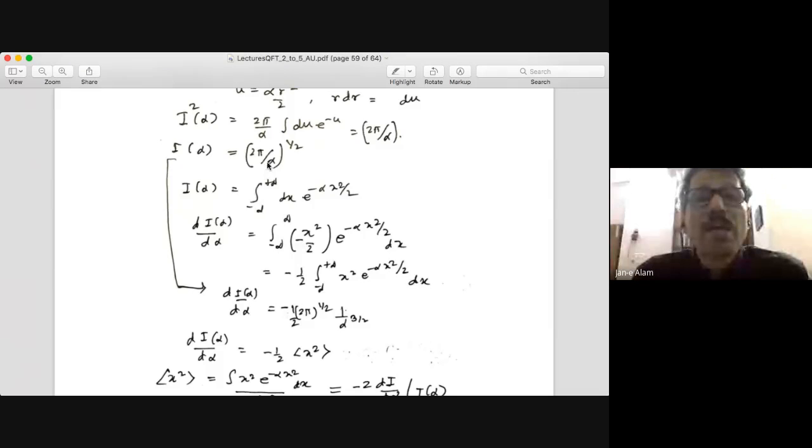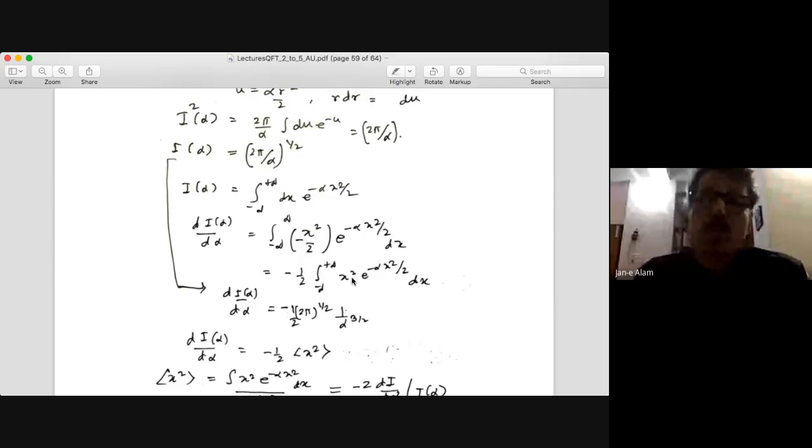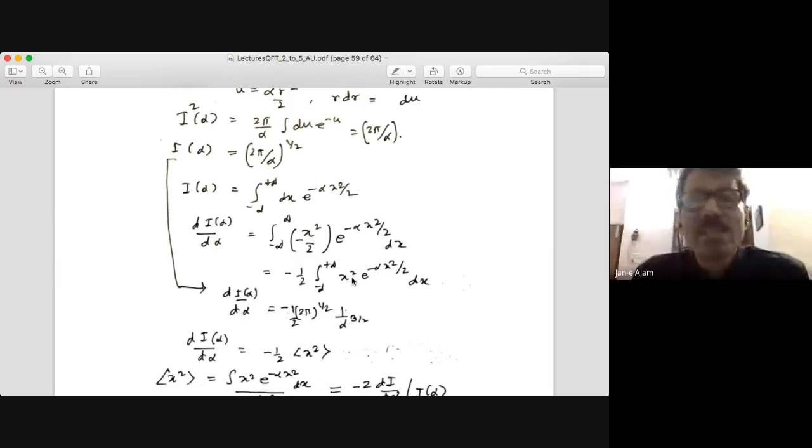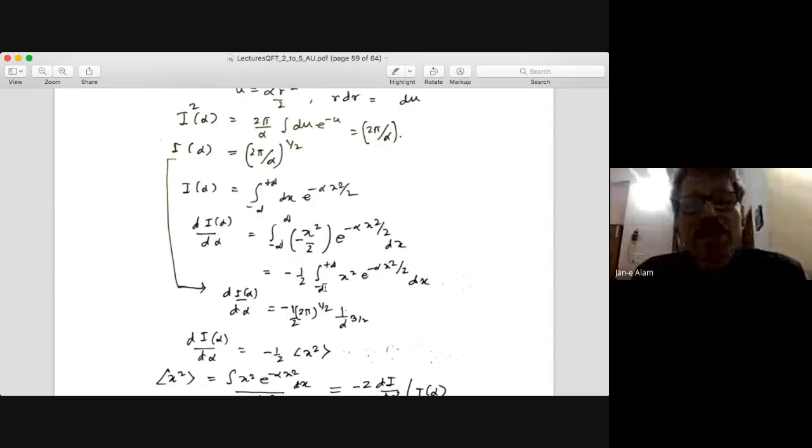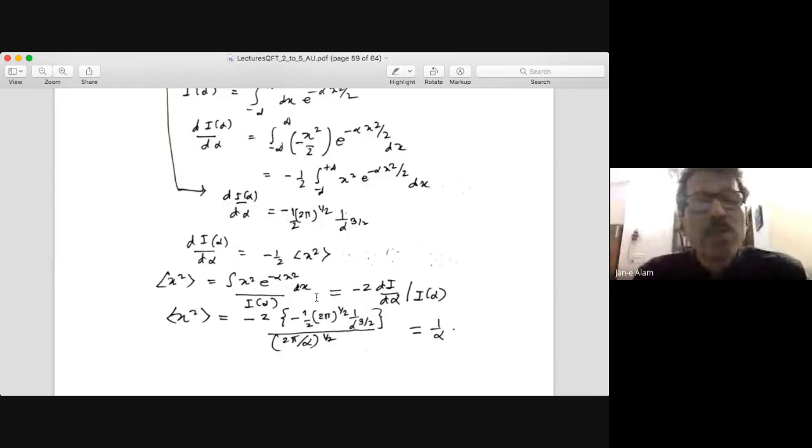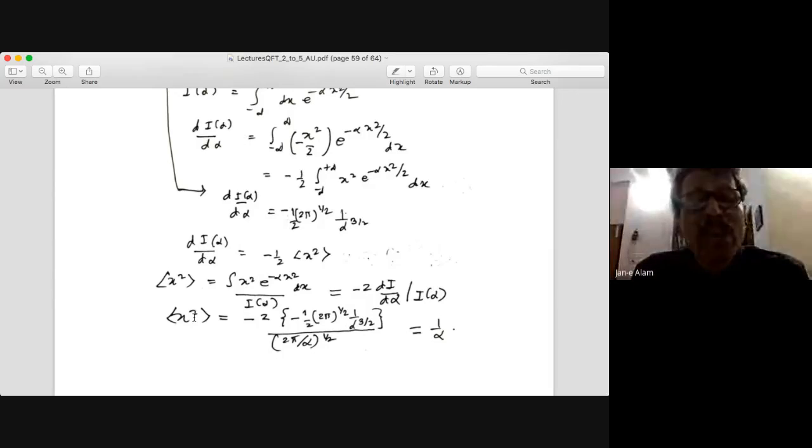Now I have I_alpha, right? So I can connect now the average value of x square with this I_alpha, because the derivative with respect to alpha is giving me the x square average. I have I_alpha always, I take the derivative, and this derivative is this, right? So you can very easily see that the average of x square is nothing but 1 by alpha.